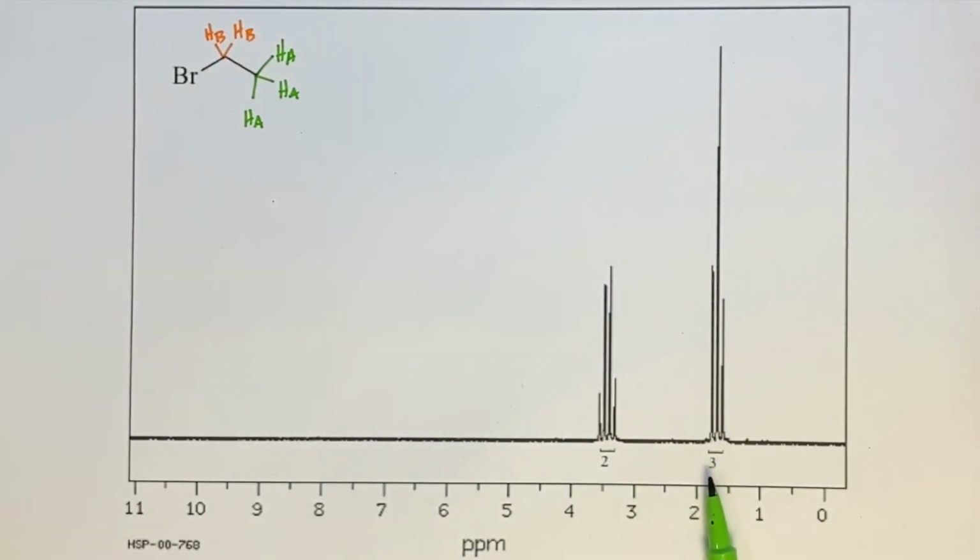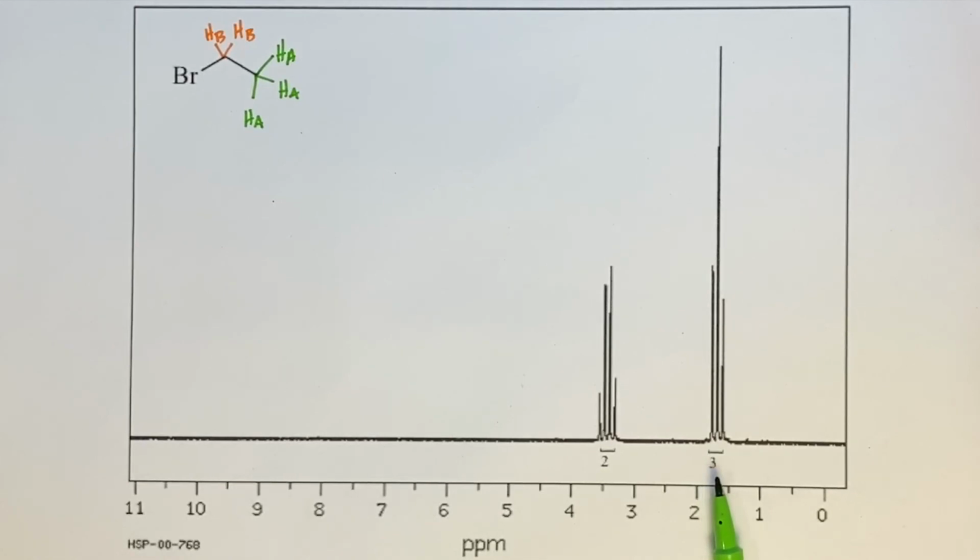We have a peak that integrates for 3 to represent HA. That peak has a chemical shift between 1 and 2. The chemical shift is a little higher than 1, but remember our protons HA are bonded to a carbon that's adjacent to a carbon that's bonded to a bromine. So it's reasonable that the chemical shift for those protons would be a little higher than our typical alkyl protons.